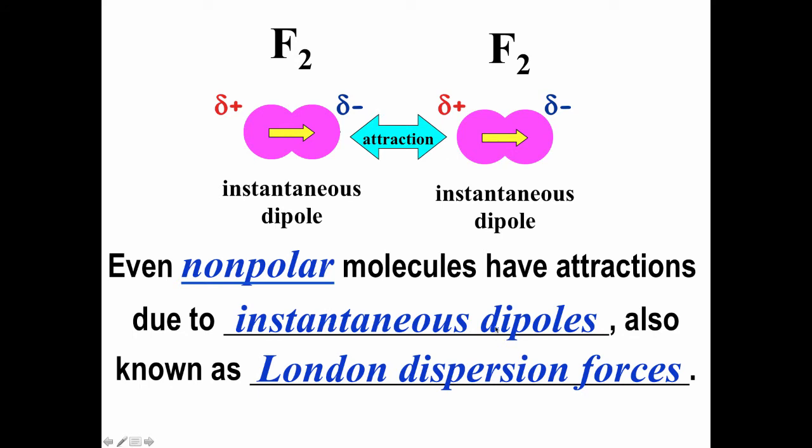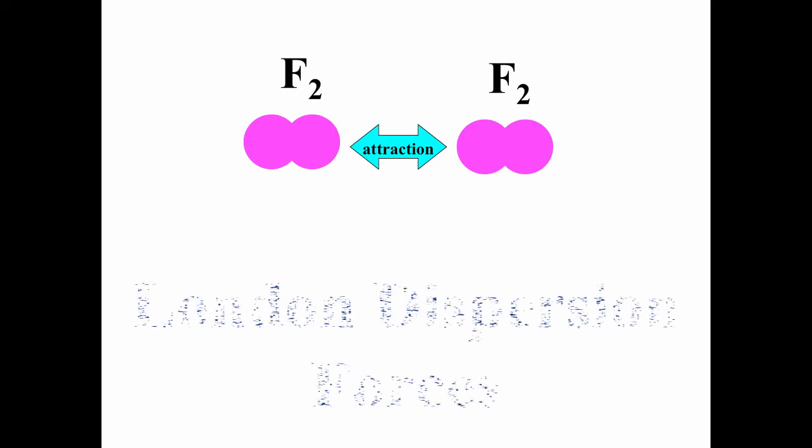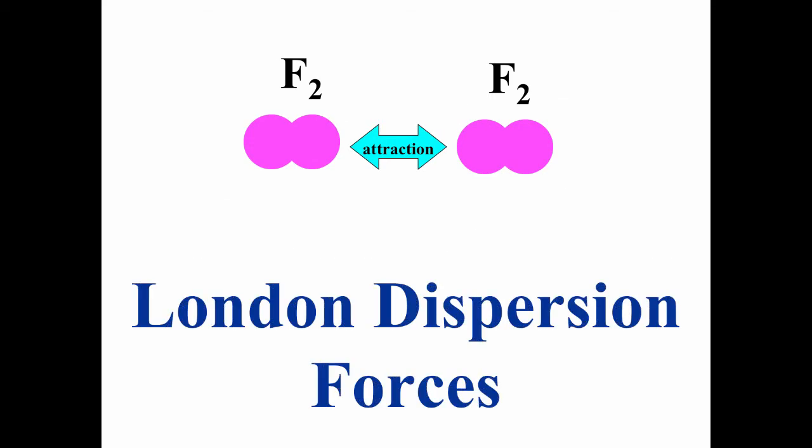They're also called induced dipoles, and these forces are also known as London forces or London dispersion forces or just dispersion forces. All terms are used. So our second type of intermolecular force is called London dispersion forces.